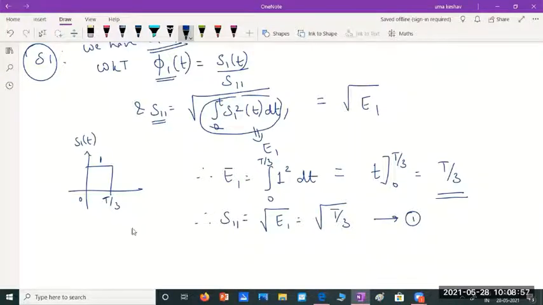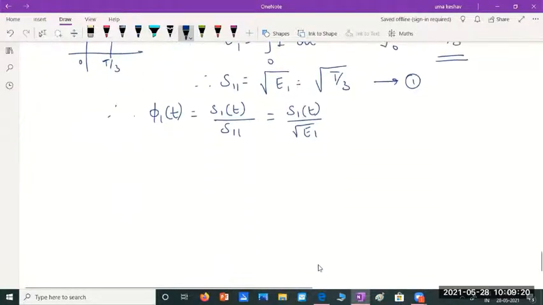Using this, can I find the first orthonormal basis function, phi1? Phi1 of t is defined as S1 of t divided by S11, or I can write it as S1 of t divided by root of E1. Both mean one and the same. So can we find this?